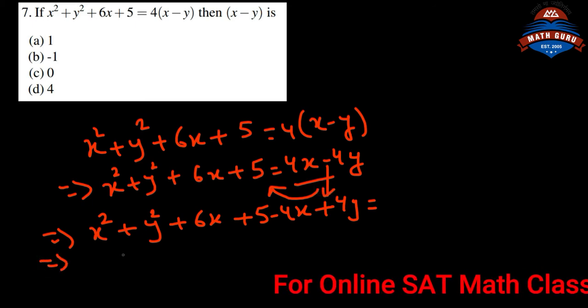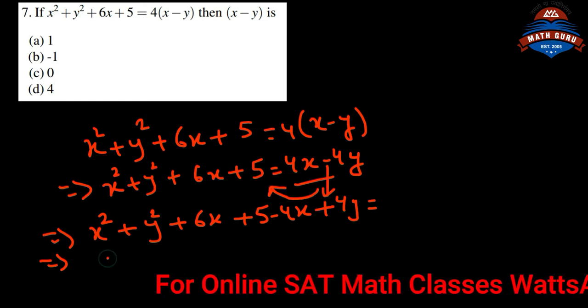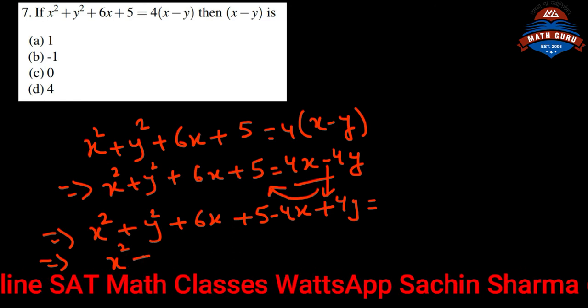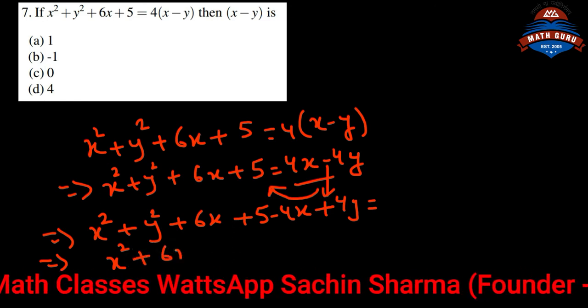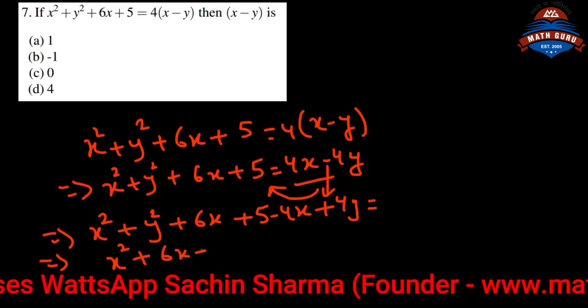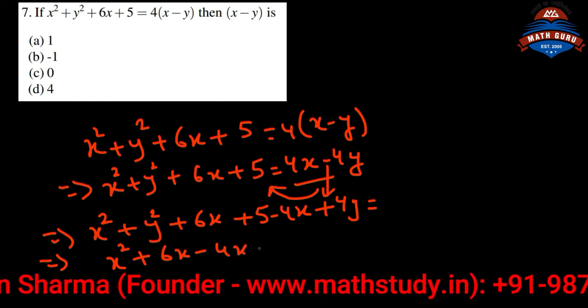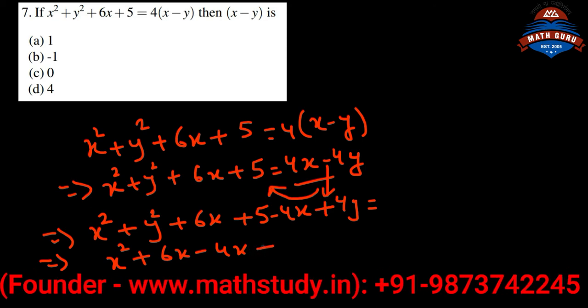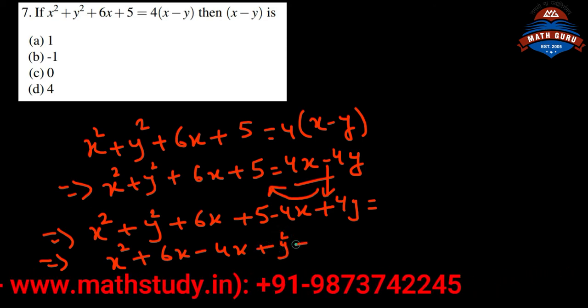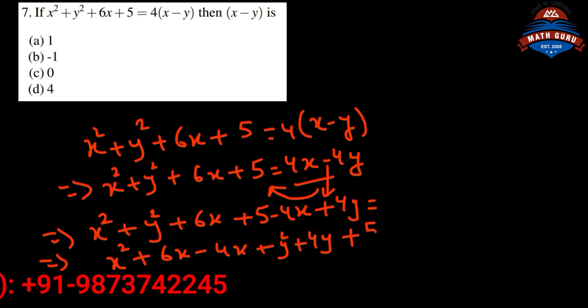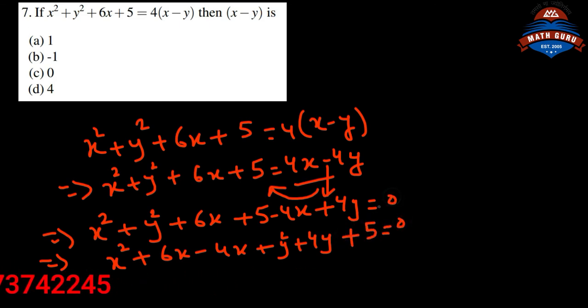Now, putting the x terms together, like x square plus 6x, by simplifying the x terms, 6x minus 4x, by combining these two terms. And if there is any y term, we can write it this way: plus y square plus 4y plus 5 equals 0.